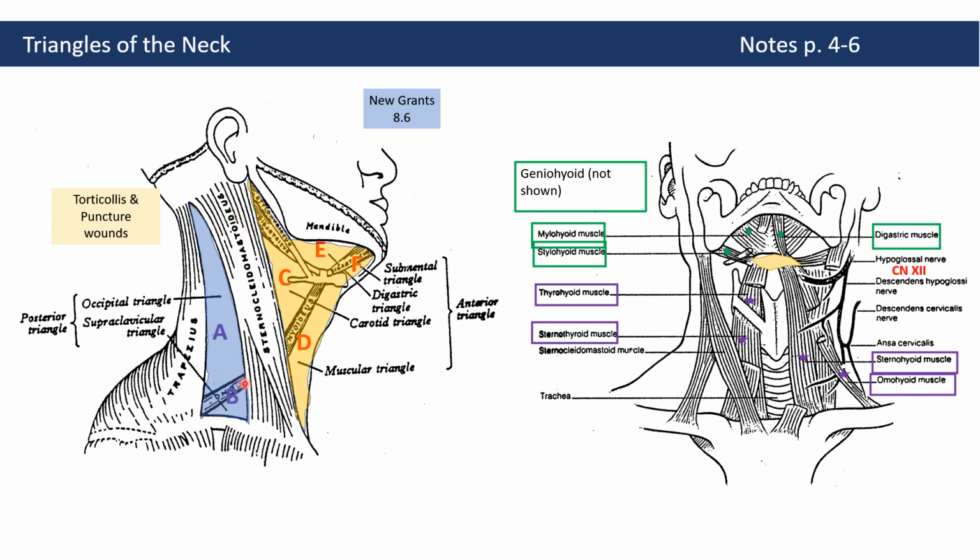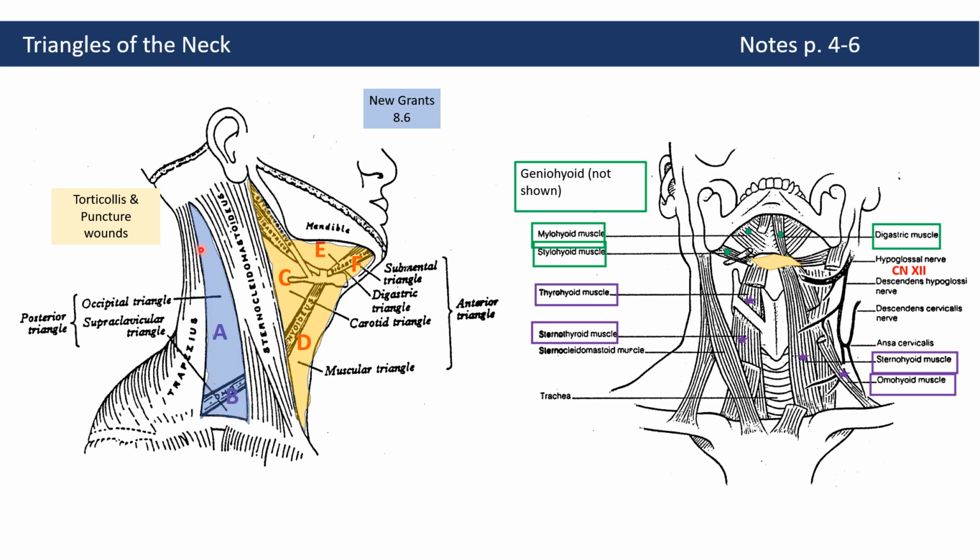This lower belly of the omohyoid muscle subdivides the posterior triangle into an occipital triangle, named for the occipital artery that travels near the apex of this triangle, and a supraclavicular triangle that is inferior.